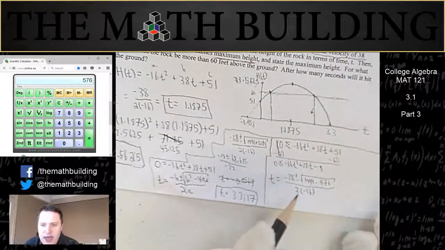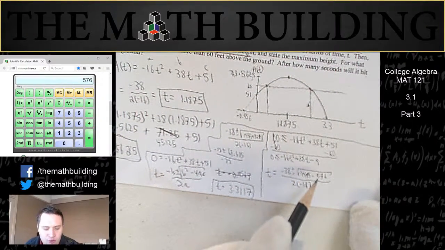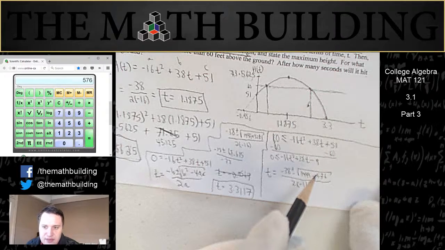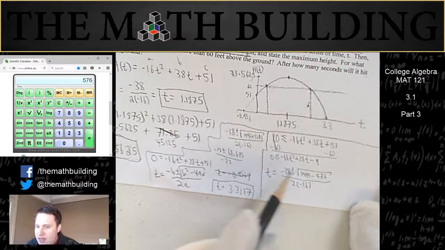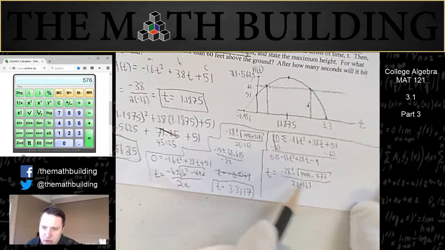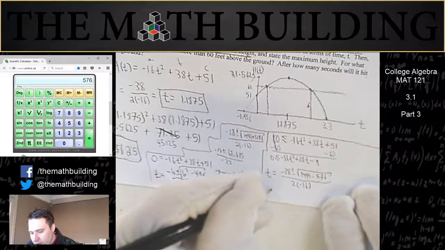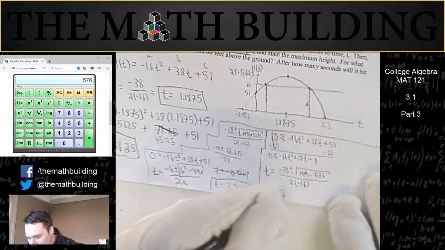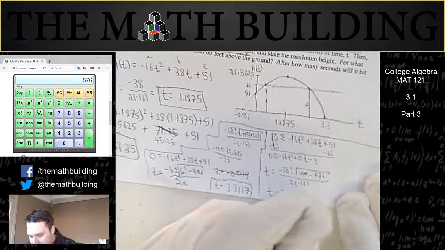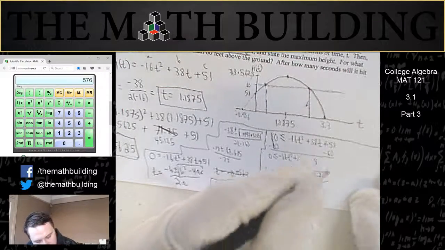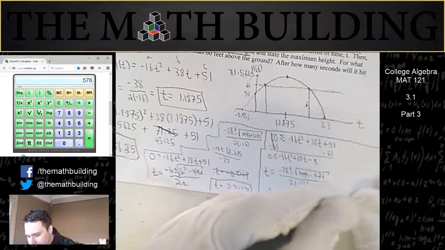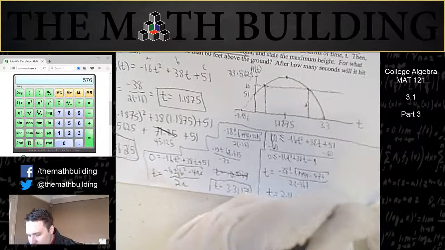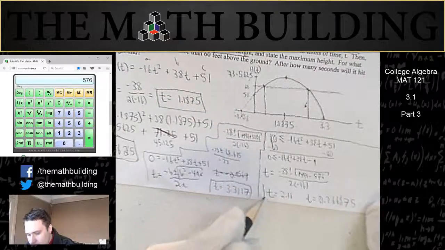So if you crunch that out, I'm not going to do this, but if you do 1444 minus 576, and then do negative 38 plus that, negative 38 minus that, and then do divided by negative 32 for both of those, you get the following two numbers. You get 2.11, and you get 0.266875. So if you'd like to double check that on your calculator, go ahead.